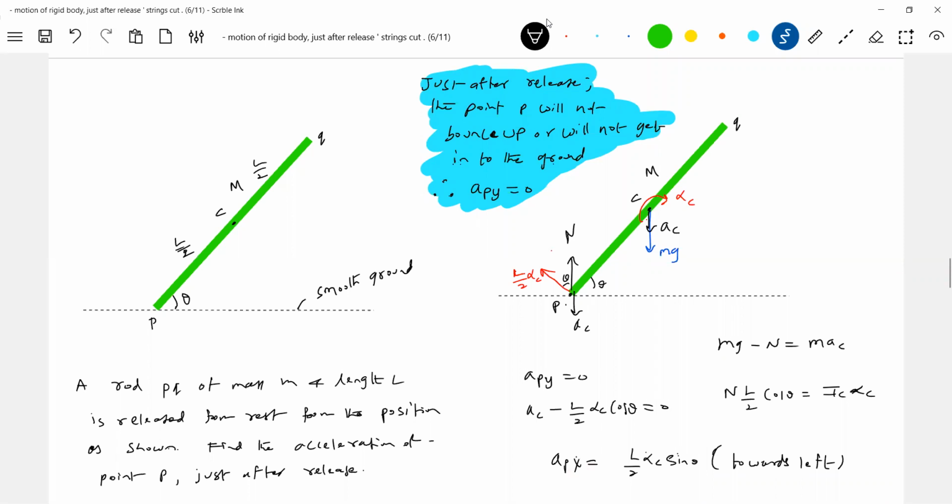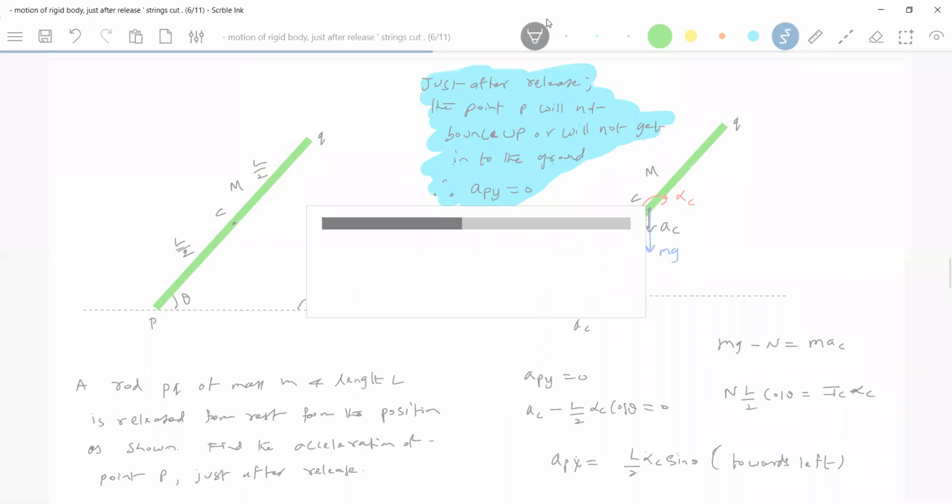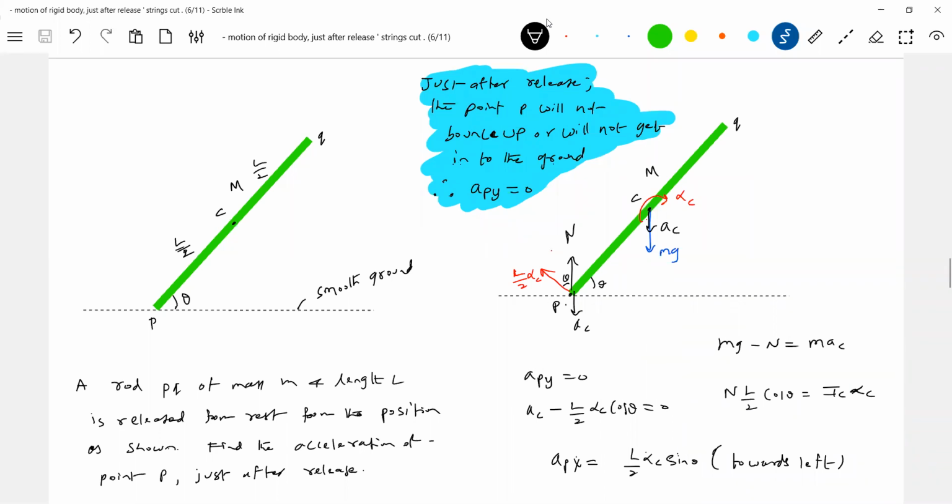And now what do I release? A rod. Shall I release any other object? No problem. Go to the kitchen, take a spoon and release it. A glass will become some sort of truncated cone. A bowl will become a hemispherical shell. A cabbage will become some solid sphere. A carrot will become a tapered rod. So different shaped objects are available in the kitchen. Just keep them on a smooth surface, release them and try to see.